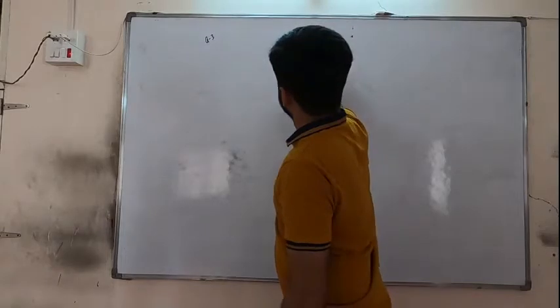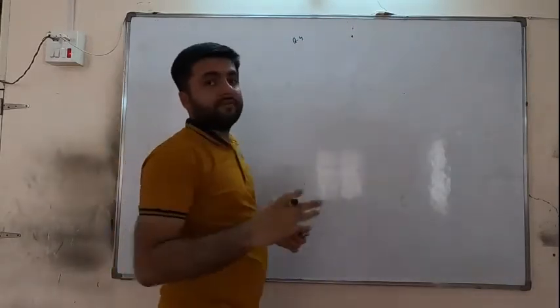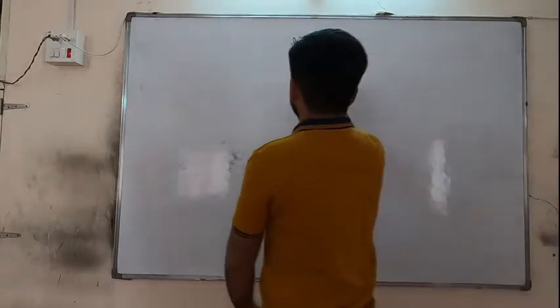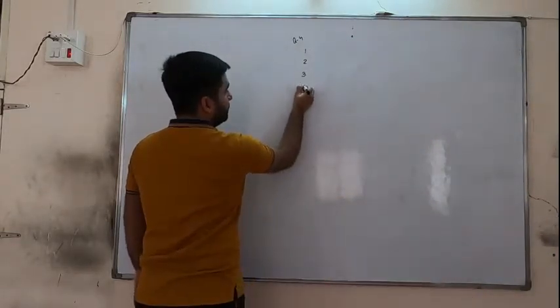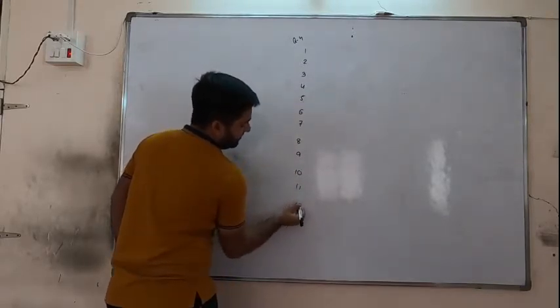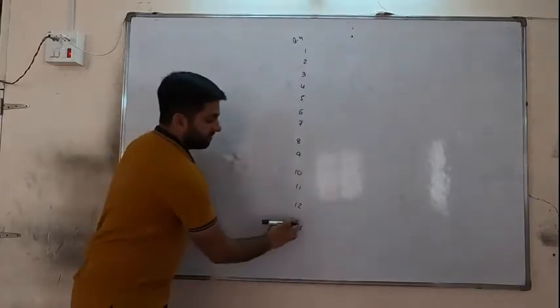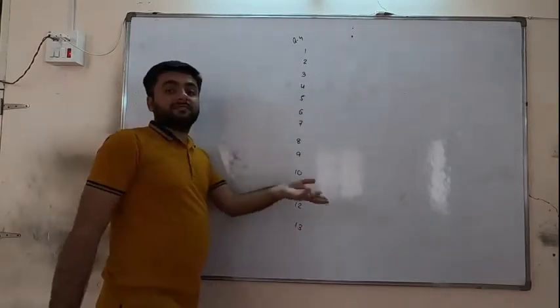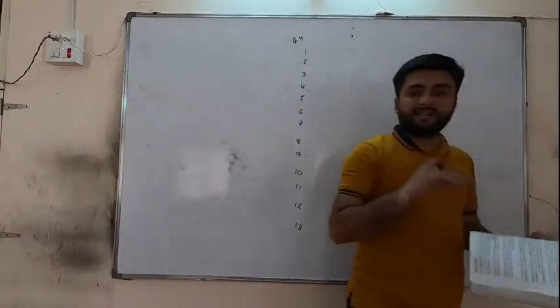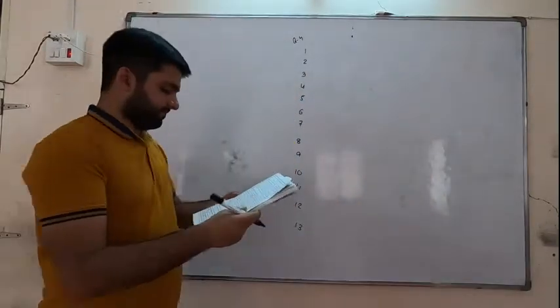Now we are seeing question 4, and there are a total of 13 sums. So I will tell which case is of which sum. You have to write it in the textbook itself near the sum number.